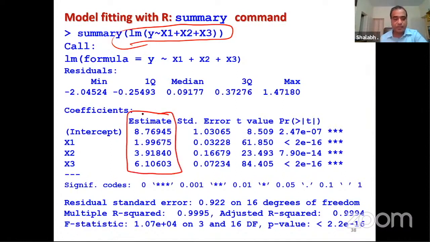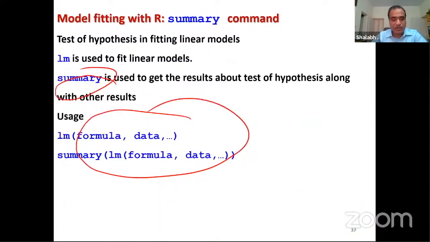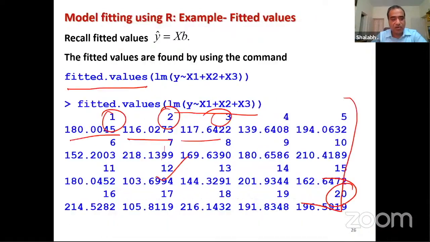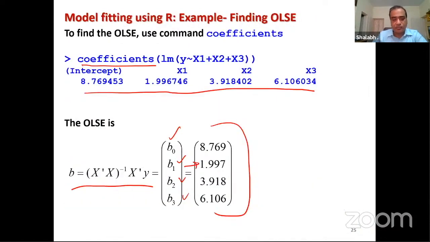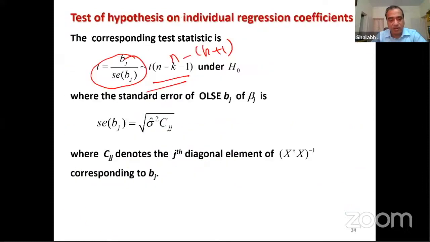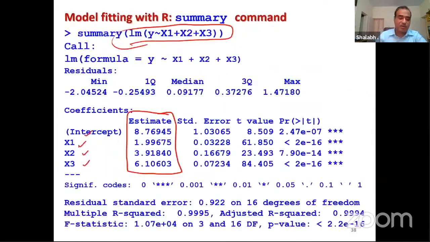This is the intercept term, x1, x2, x3. This is the same value which you have obtained here. All the information is given here in a different format, so that you understand how these values are obtained.